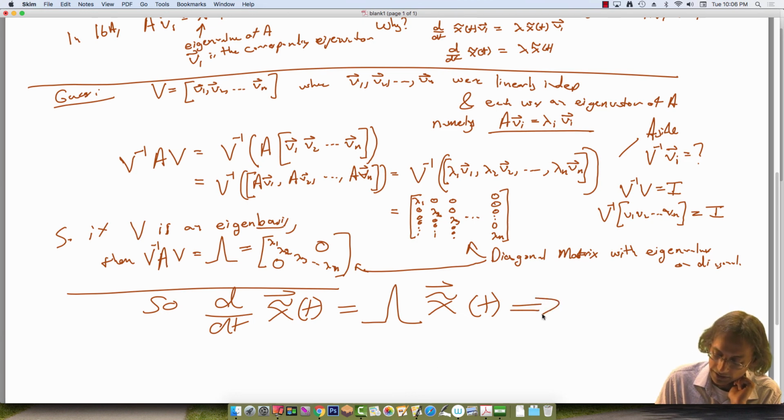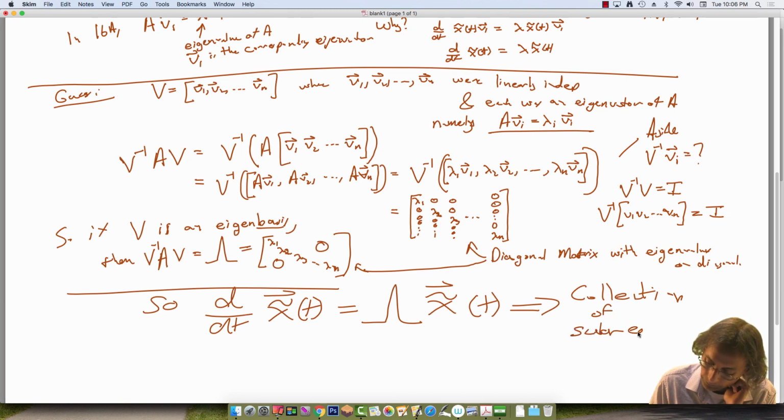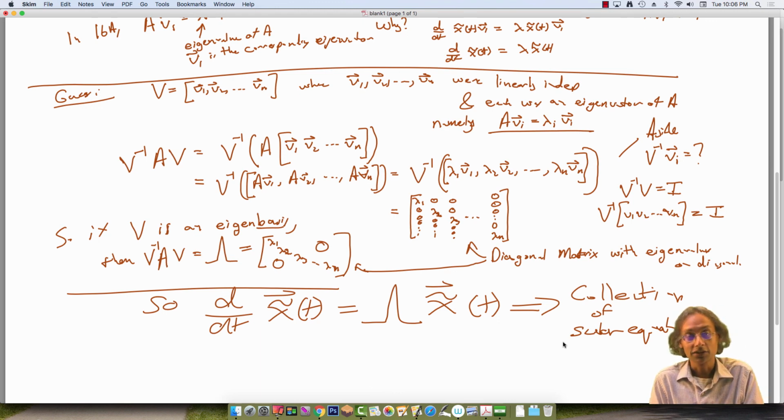This is just a collection of scalar differential equations. And because it's a collection of scalar equations, we can solve it. So now we know how we can find a coordinate system that is particularly nice for us. Next time, we'll just work out this particular example to see how that works.